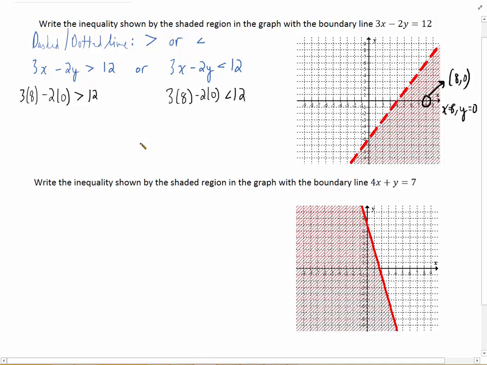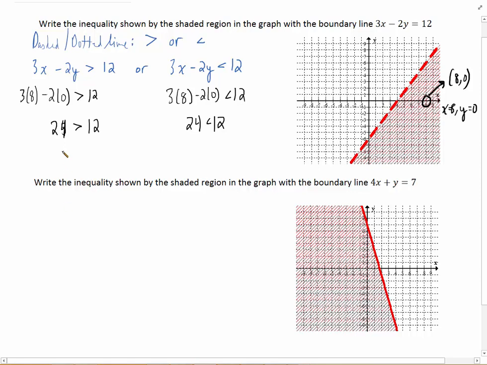Simplifying the left-hand side on either of these statements gives me 24 minus 0, so that's 24. So in the first inequality I have 24 is greater than 12. On the second I have 24 is less than 12. And at this point we just have to decide which of these statements is true.